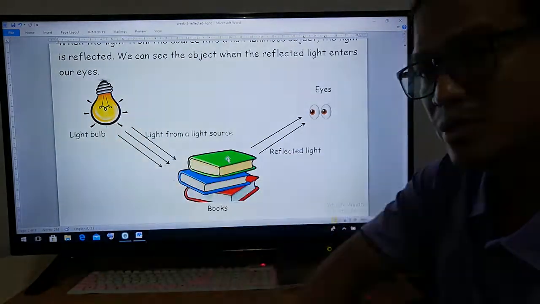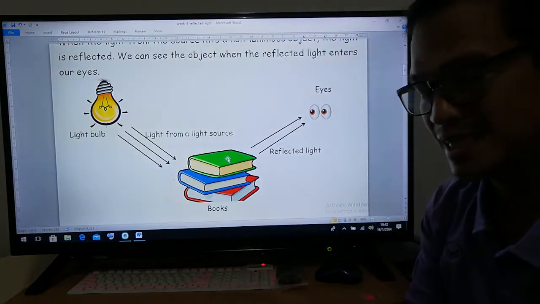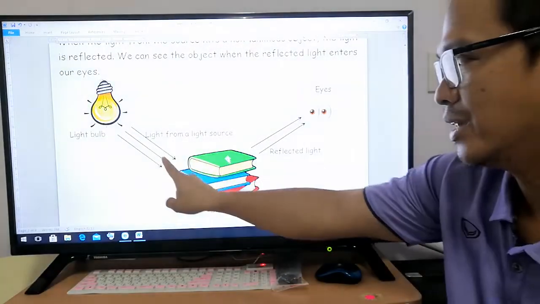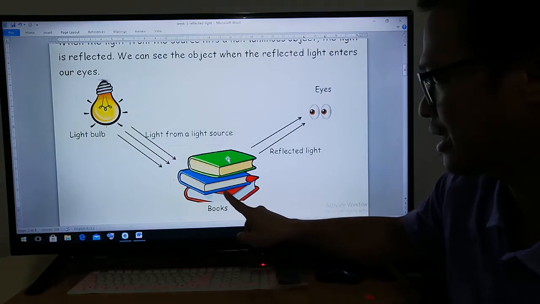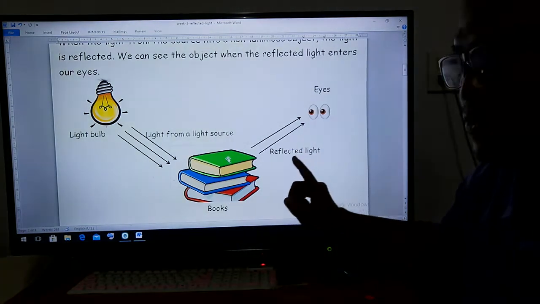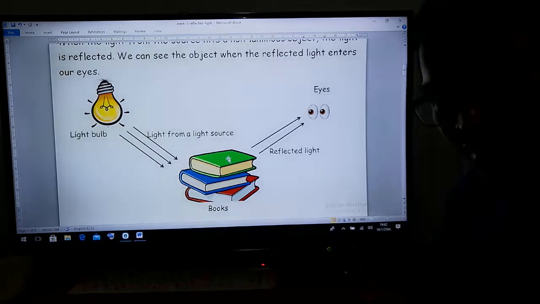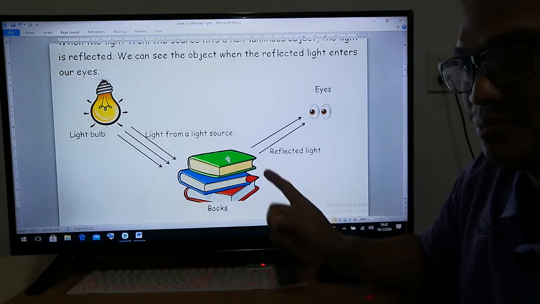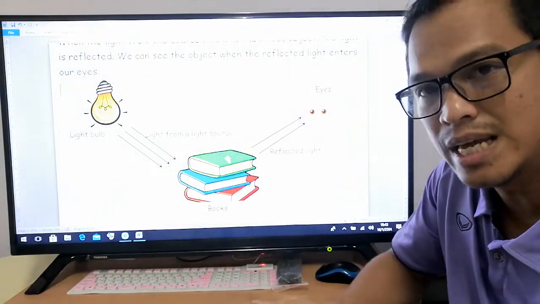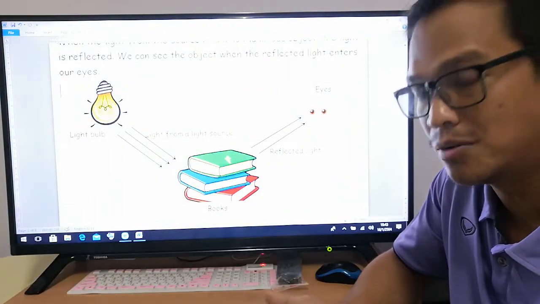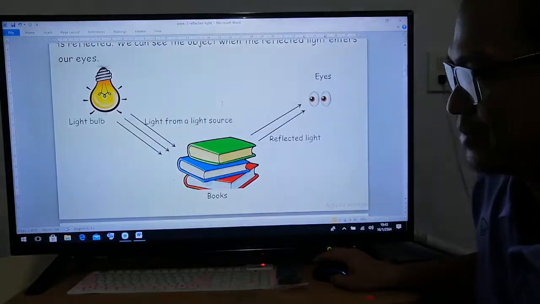If the light bulb is on, it will produce light, and the light will bounce off this non-luminous object, and our eyes will see it. So this means that we need a light source for us to see non-luminous objects. Next.